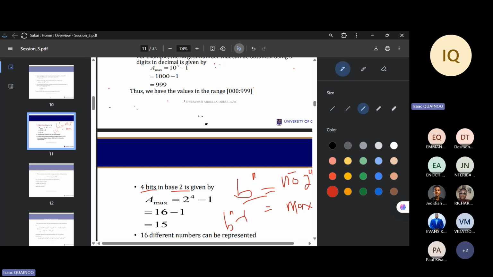So 2 raised to the power 4 gives us 16 as our number of addressable representations. Then to find the largest value, we subtract 1 from 16, which is b^n minus 1, which is 16 minus 1. And the largest value in there is 15.